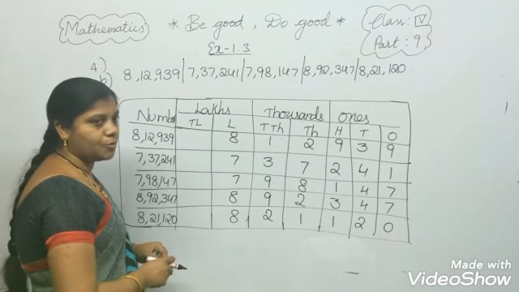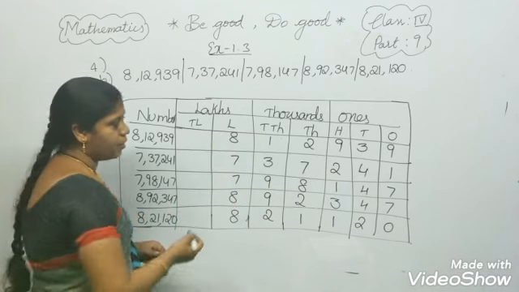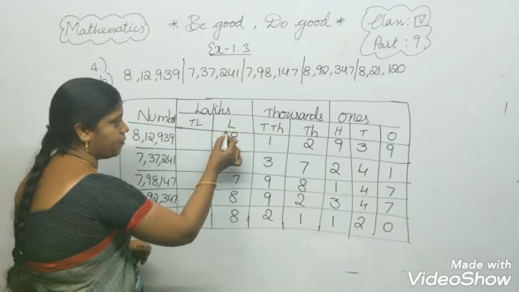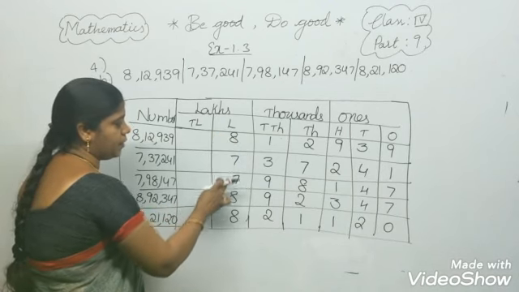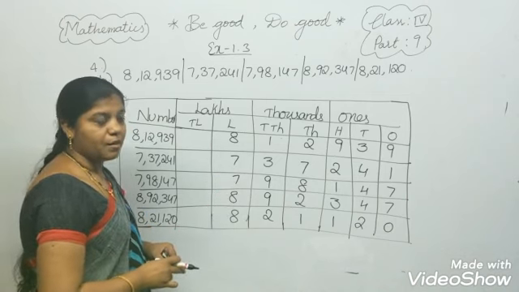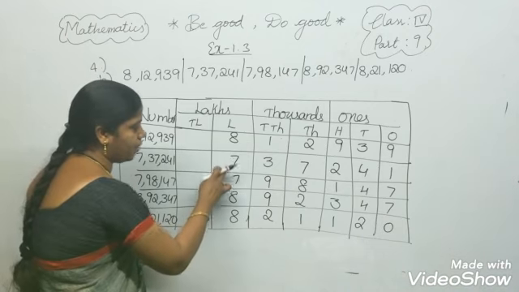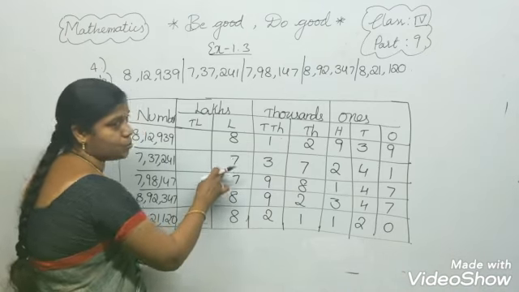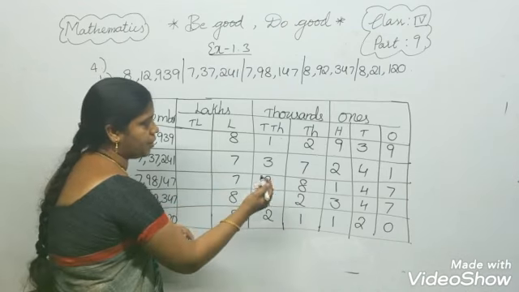What is that? We have to check the first highest place in the given numbers. If you observe, children, here the first highest place is lakhs. So here 8, 7, 7, 8, 8. So which is the smallest number? Which number started with 7? That is the smallest number. Here the numbers that started with 7 are 2. So what will we do? We will go for further checking.